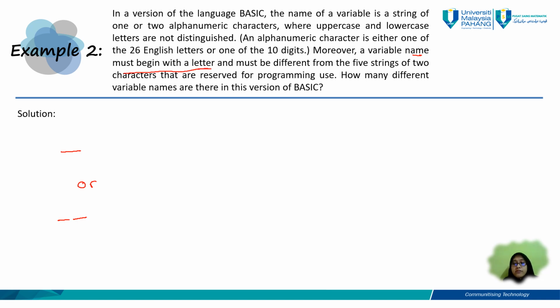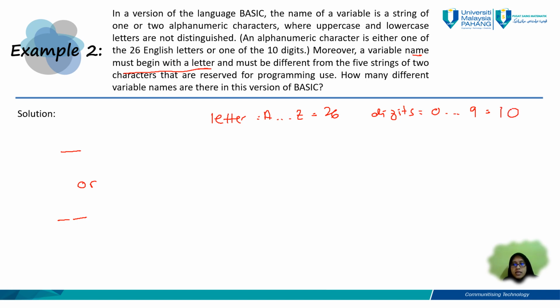That means the first place must be a letter. Letters we have from A until Z, total 26. And we also have digits, 0 until 9, so in total we have 10 numbers.